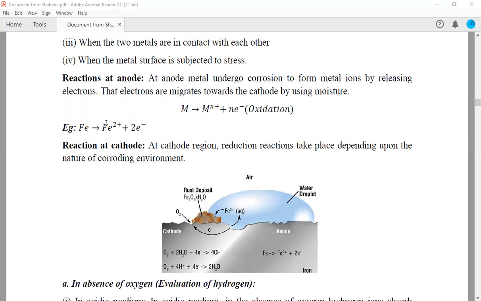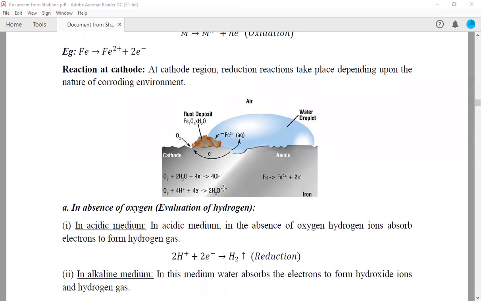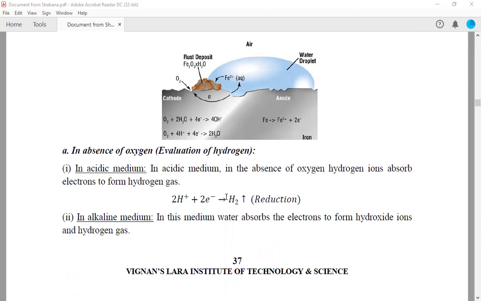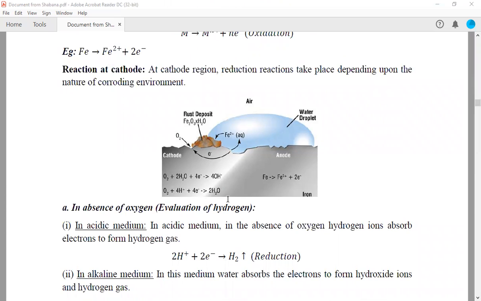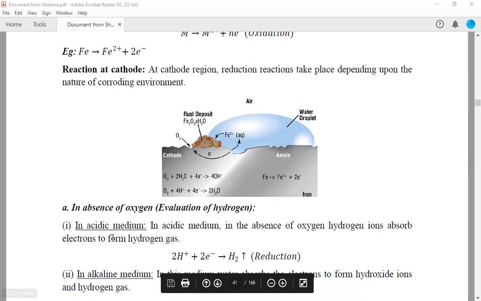And at the cathode, reduction takes place depending upon the nature of the corroding environment. It takes place in the absence of oxygen through the evolution of hydrogen. This usually occurs in an acidic environment.